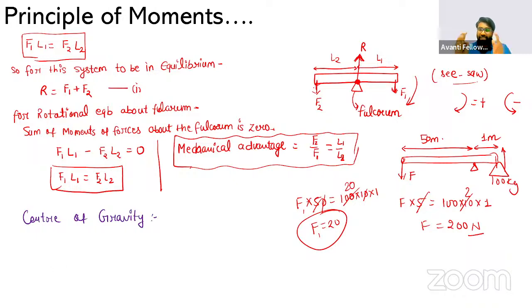अब देखो center of gravity and center of mass is a different scenario. ठीक है, do not try to mix them up. Center of gravity is that point where all the forces, where the complete weight of the body will act.